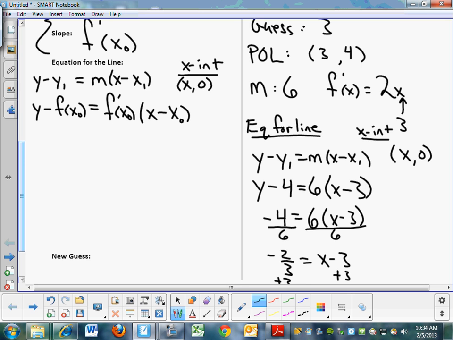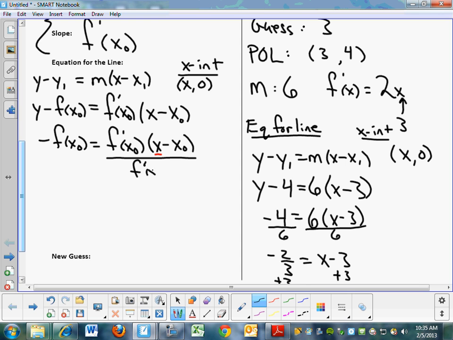All right, I know that that looks messy, but it actually works out really nice. We can set y equal to what? 0, and then you have negative f of x sub 0 is equal to f prime of x sub 0 times x minus x sub 0. What am I trying to solve for? X. If you'd like to solve for x, what would you do to both sides? Divide by the derivative, exactly.